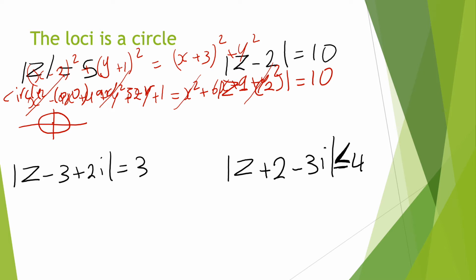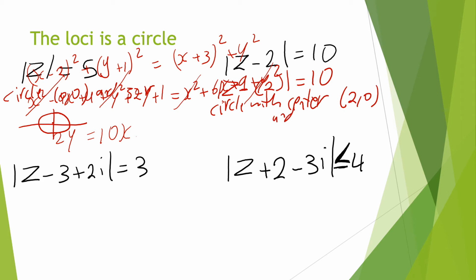Because it's only real components, remember real means the x coordinate and imaginary is the y coordinate. So this one is the circle with center 2, 0 and radius equal to 10.